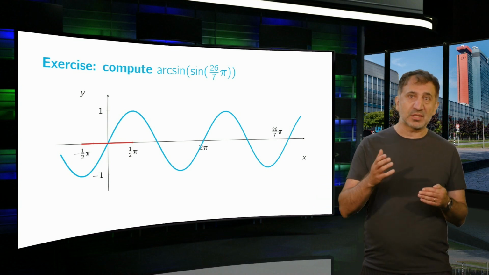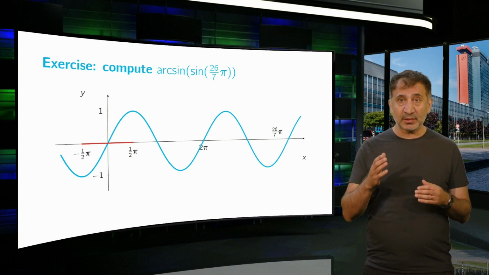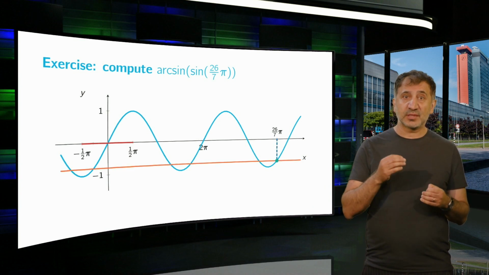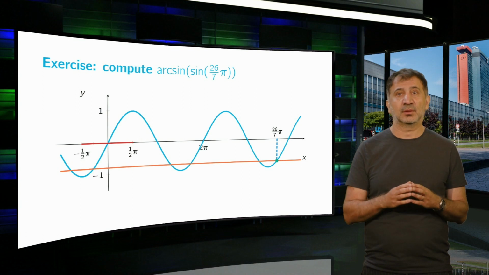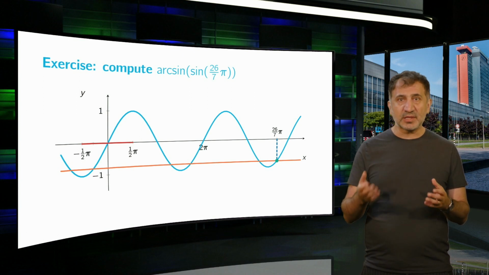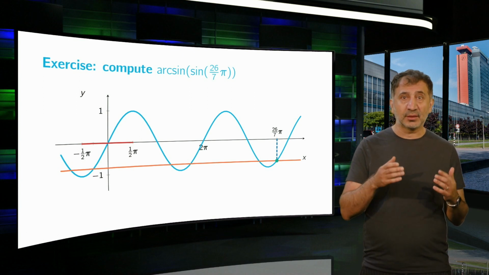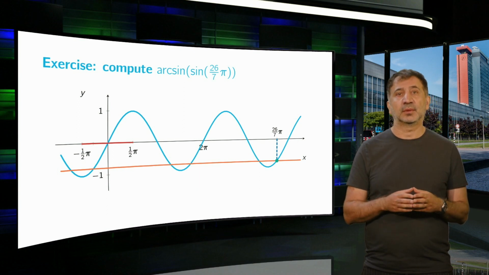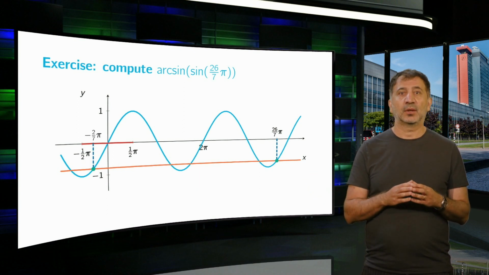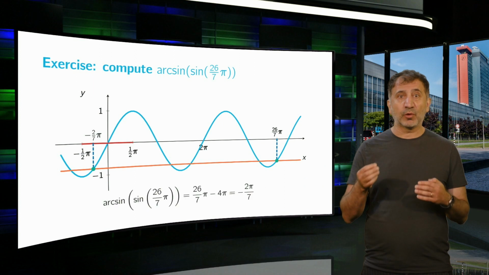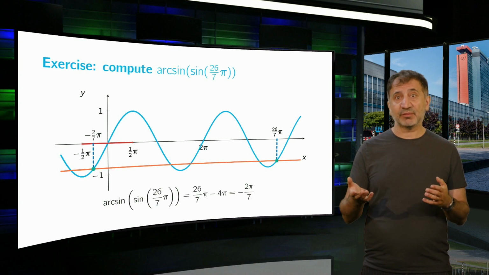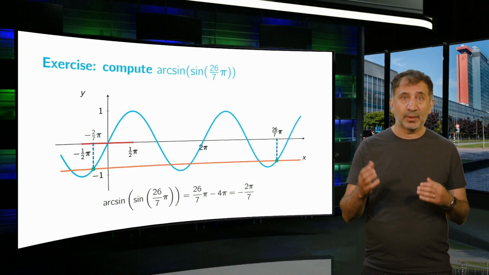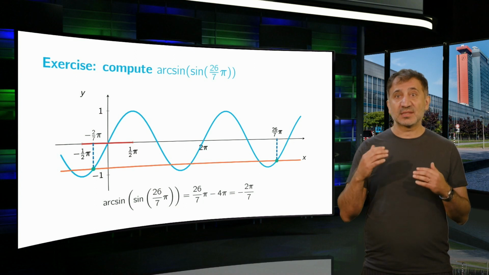From the graph of the sine, you can see at what height the sine of 26π over 7 is found. Let's see for which angle in the range of the arcsine the same value is attained. Here it is. You get there by subtracting 4π from 26π over 7. So you end up at the angle minus 2/7 times π.